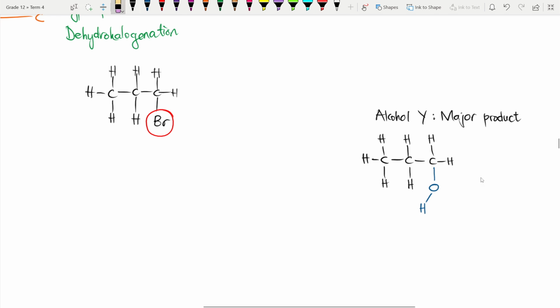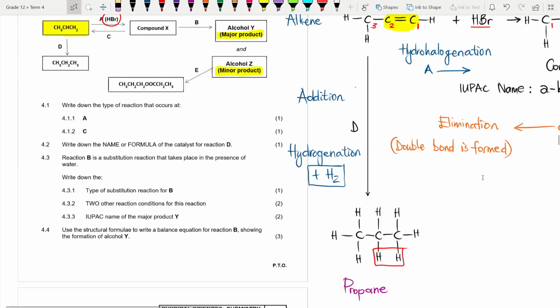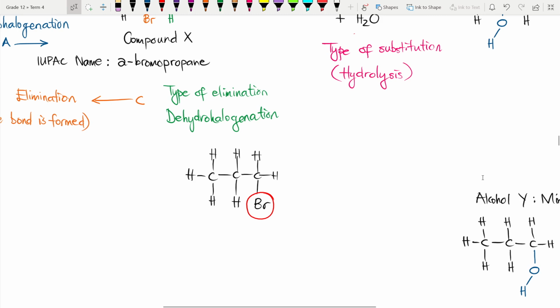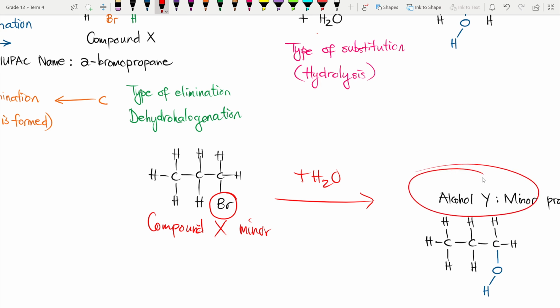Okay, need to also edit this to say minor. And that is our compound Z. It comes from compound X minor product. This is, by the way, compound X minor, which if I add water will become compound Z minor.